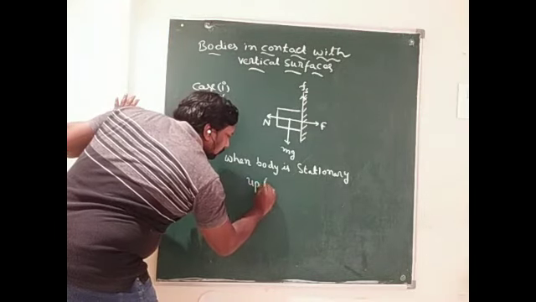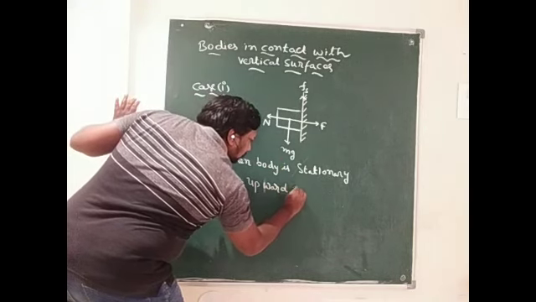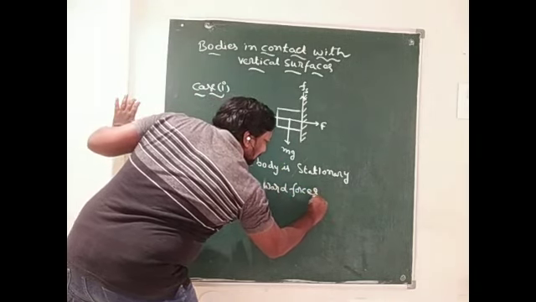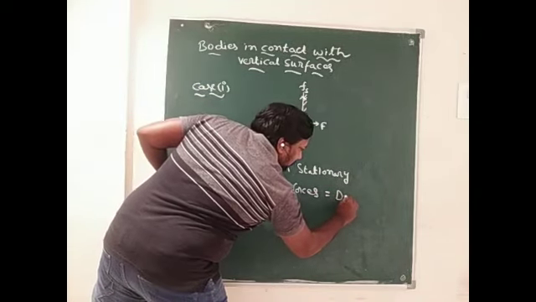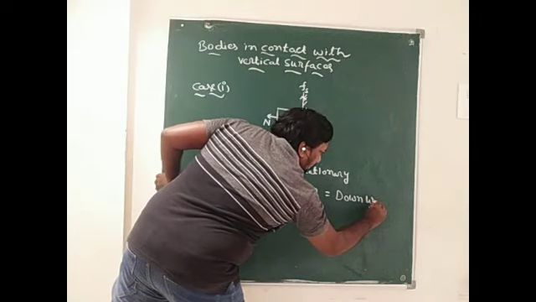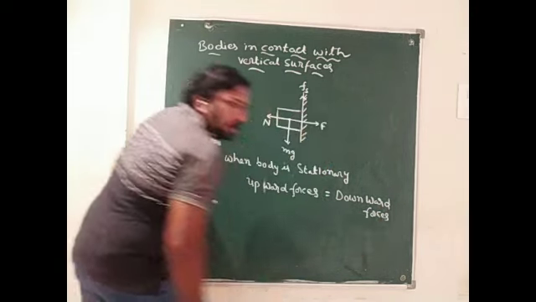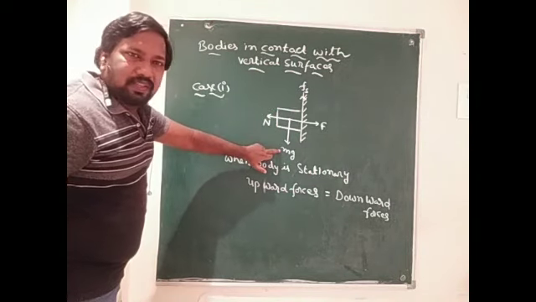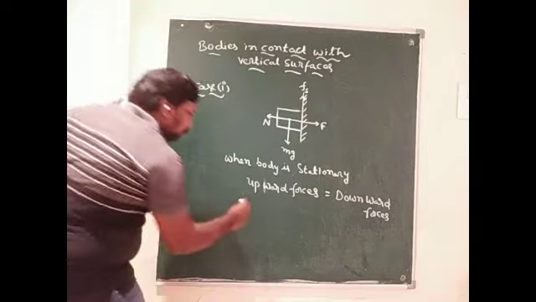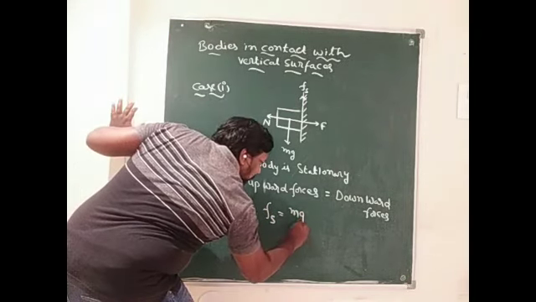Upward forces is equal to downward forces. So here upward force is frictional force, downward force is mg. So Fs equal to mg.